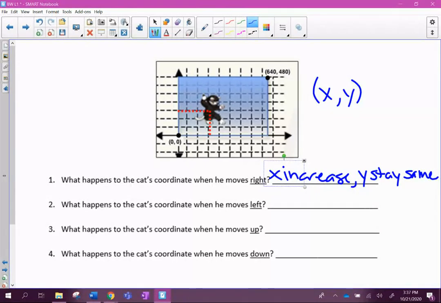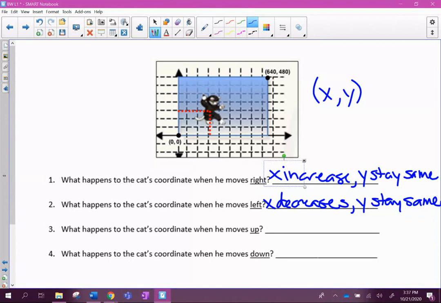Right? So the same kind of thing would happen if I moved to the left, except instead of the X increasing, it would decrease. It would be getting smaller. But the Y would still stay the same.